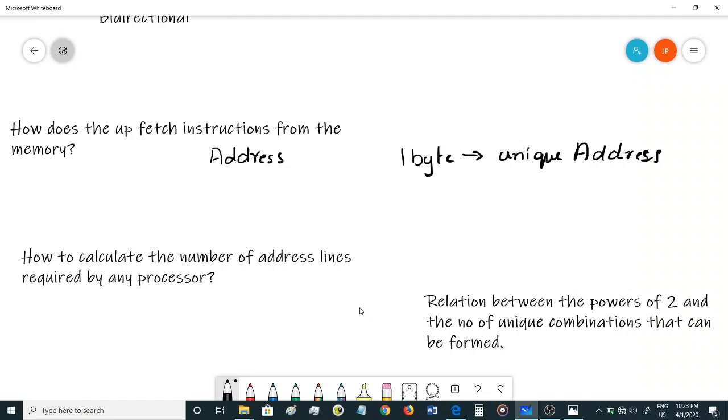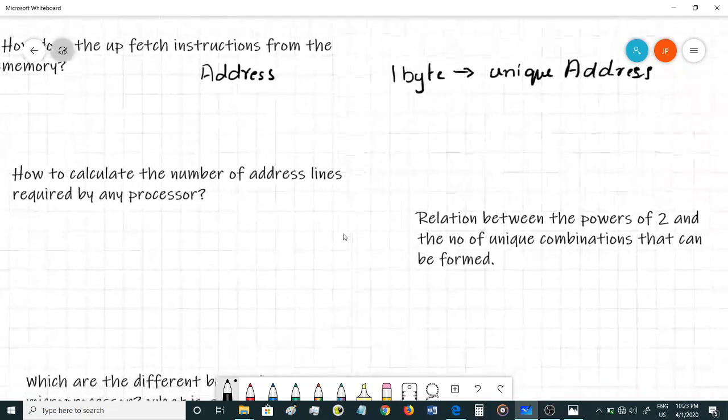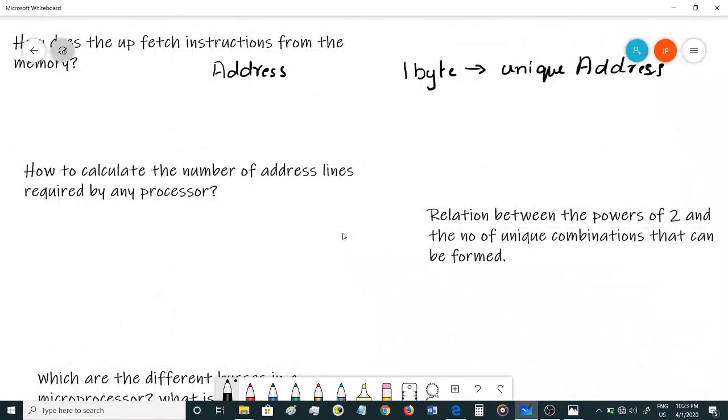Now how can you calculate the number of address lines required by any processor? Every processor will have a maximum capacity, or the maximum amount of memory that can be connected to it. Let's take a hypothetical processor.